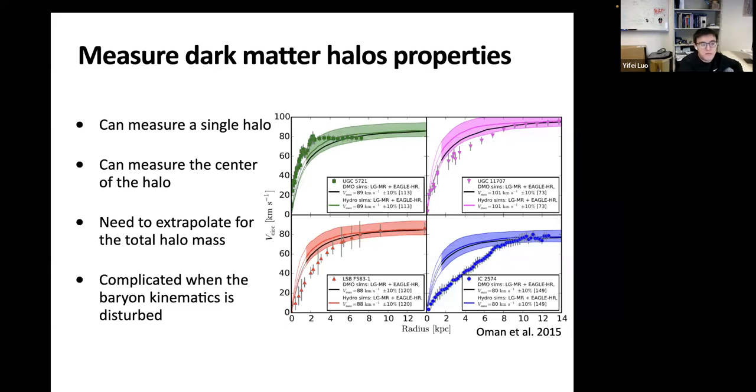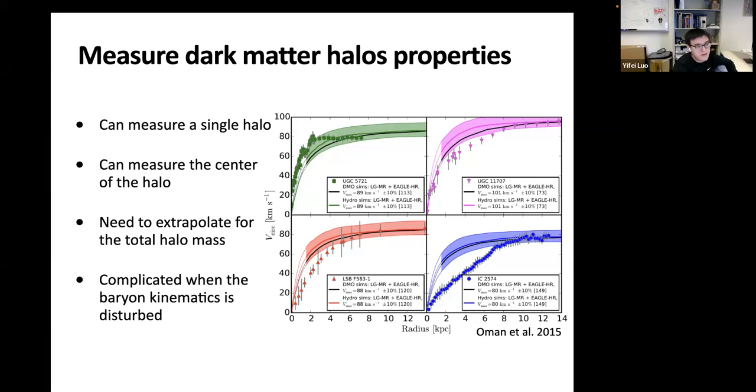Okay, now, how do we measure the dark matter halo properties of dwarf galaxies, or of any galaxies? It has been a few decades since people first used the rotation curve to measure the dark matter halo of a galaxy. The rotation curve is a classical way to study the dark matter halo profile.